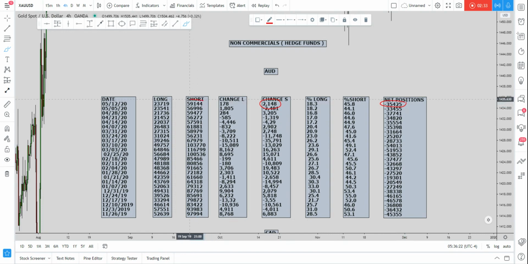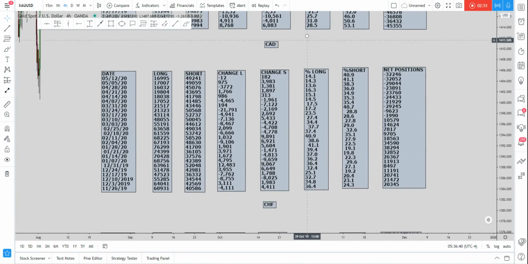So with 59k short positions and 23k longs, so way more shorts than longs, with a 45.8% short exposure and an 18.3% long exposure. So AUD is looking pretty bearish.